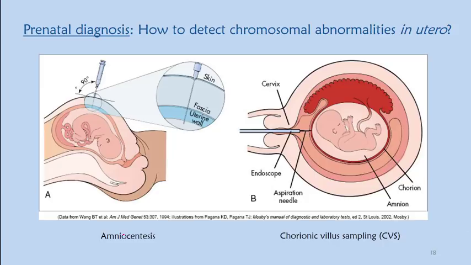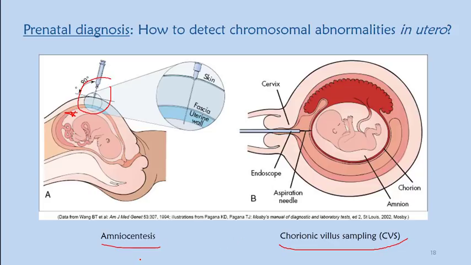So there's two examples on here, amniocentesis and chorionic villus sampling, or CVS. With amniocentesis, as you can see in this image, a sample of the amniotic fluid is taken. And this contains cells from the baby, and these cells can be looked at to study the chromosomes, to see what type of issues might be present.